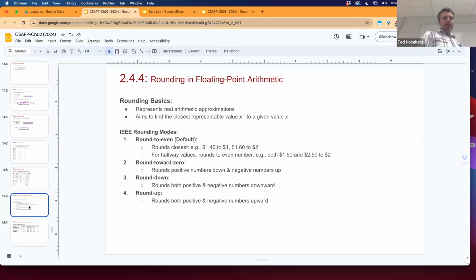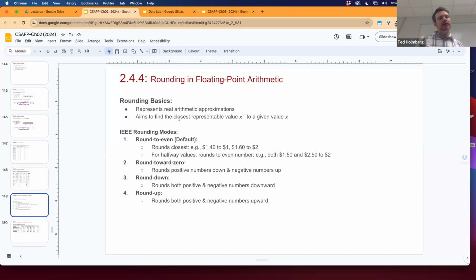So in rounding, you could either round to even, you can round towards 0, you could round down, or you can round up. There's lots of ways. So every time we produce some kind of arithmetic operation, we would do the operation like normal, and then we would round down to the next value that's actually encoded for us.